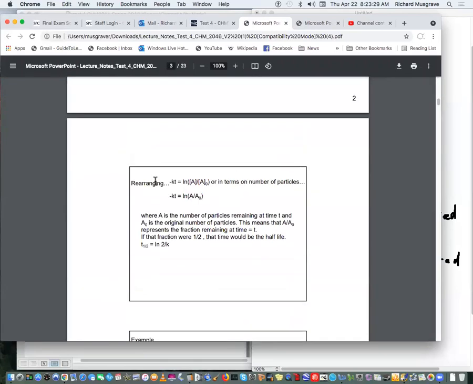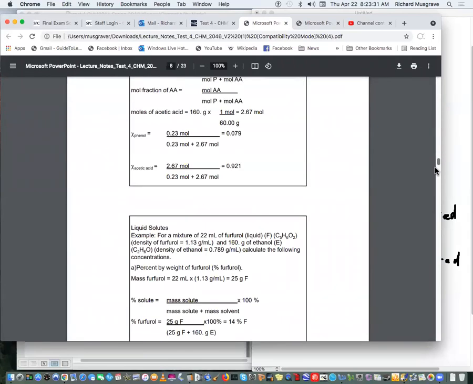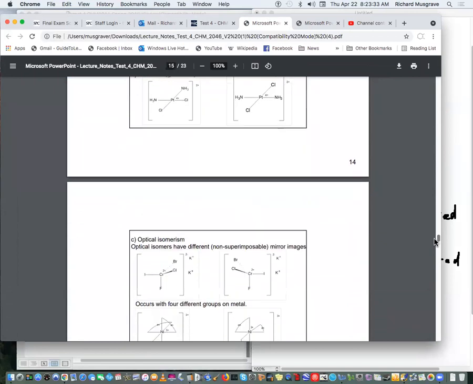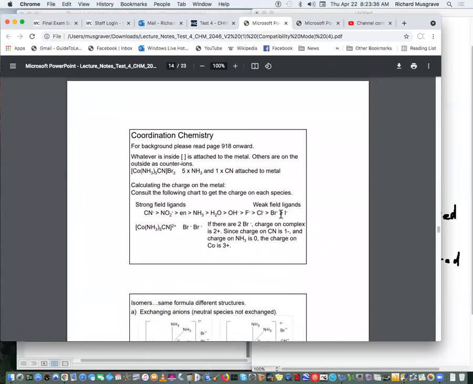On the test, though, it's not something you have to be worried about because I tell you it's strong or weak field. But the answer to your question is that there's this list here, and anything on the left side of this greater than sign will be strong field, and anything on the other side is going to be weak field.